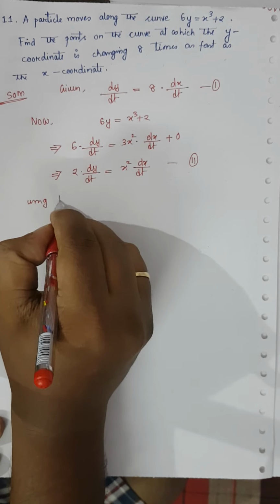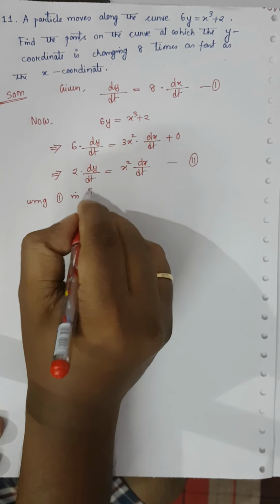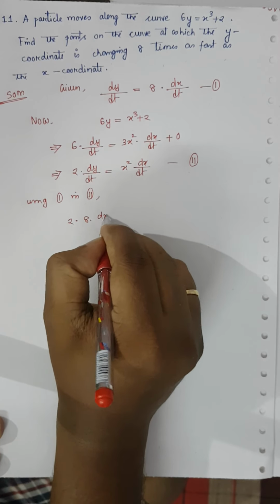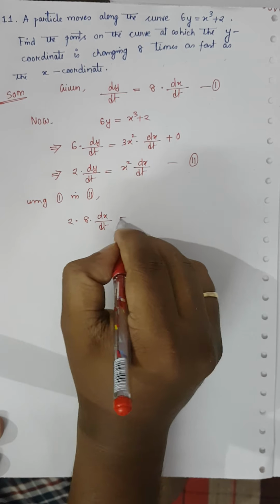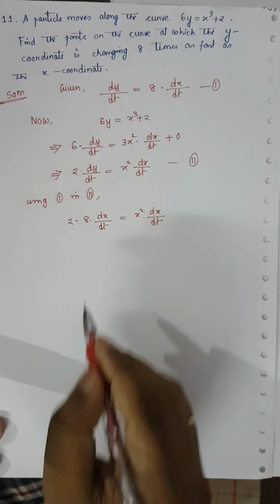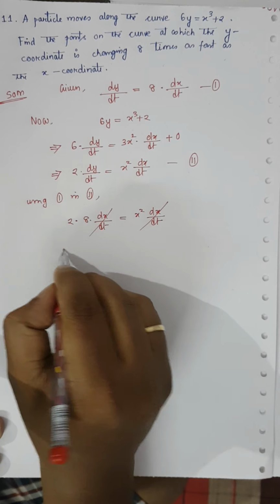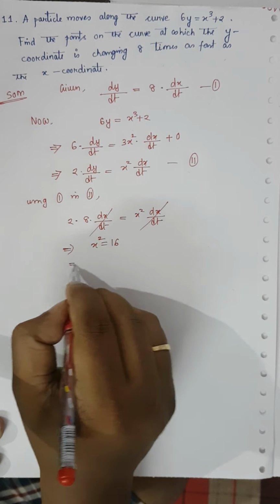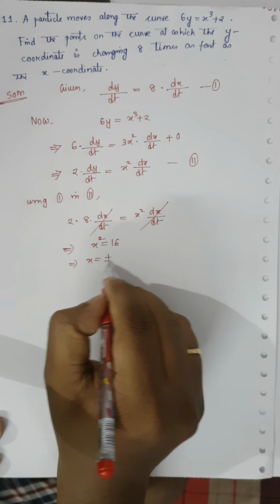So using number 1 in number 2, I will get 2 into 8 into dx/dt is equal to x square dx/dt. So they are cancelled. So I'm getting x squared is equal to 16, hence x equal to plus minus 4.